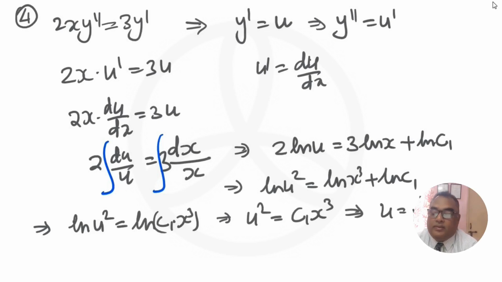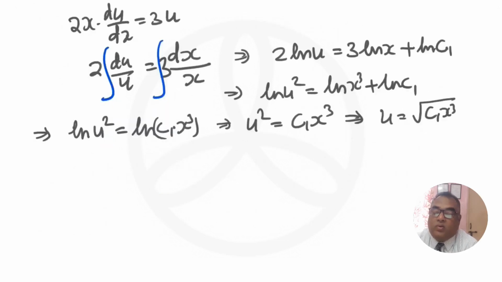Okay, we can write this as u is equal to, I will take a different constant in place of c1. Maybe I can write simply c2 in place of square root c1, and x to the power 3/2.